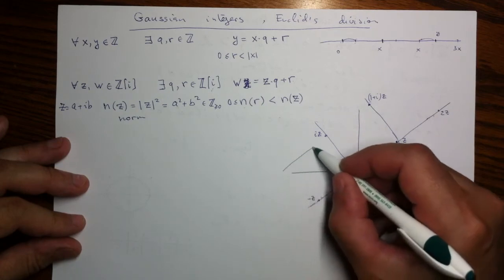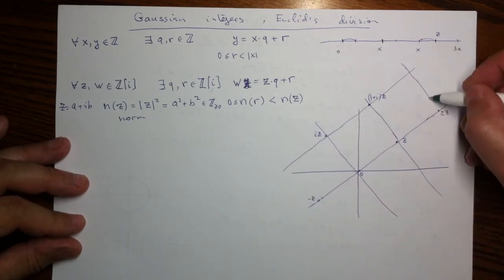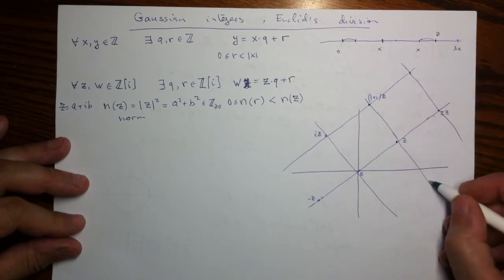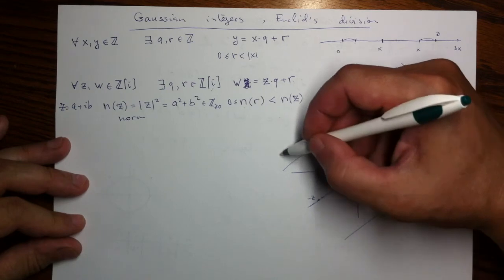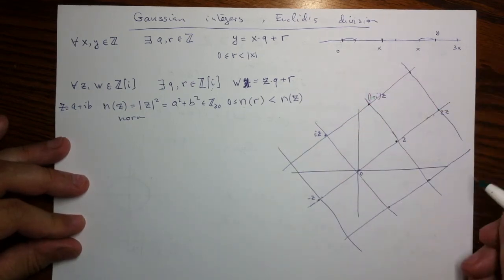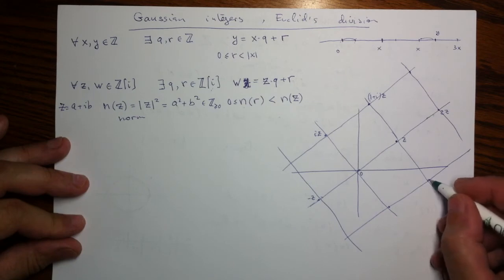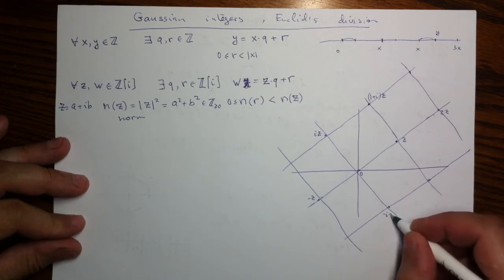And again we have a line here, and we have a line here, and we have a grid of all the copies of z. So let's start with this one. What we have here is obviously negative i z.